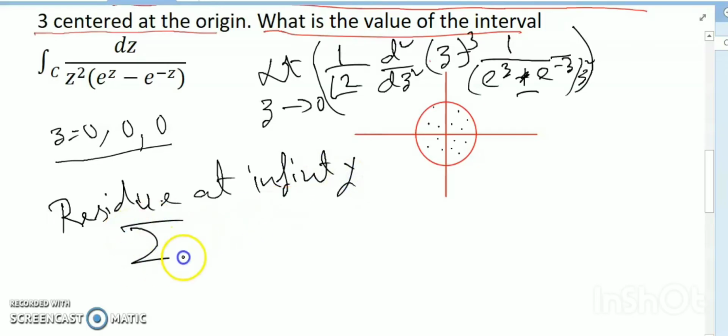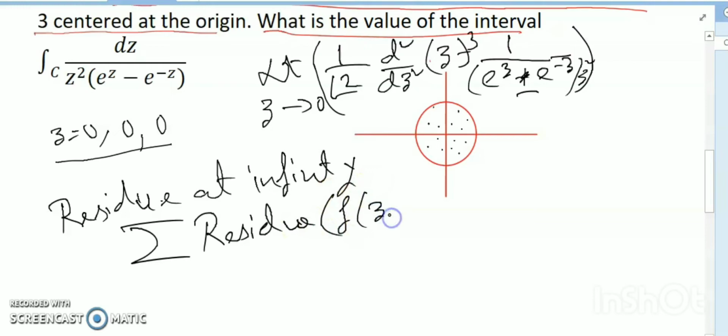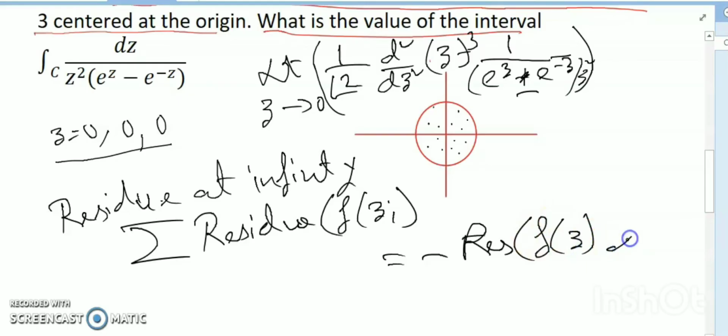So the sum of residues, if z_i are the singularities, equals minus residue at infinity, residue of f(z) at infinity. You can get it this way, okay.